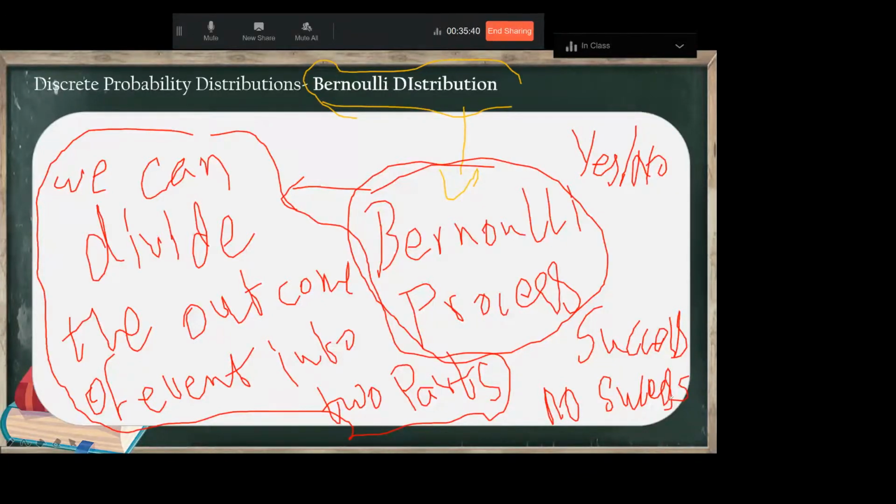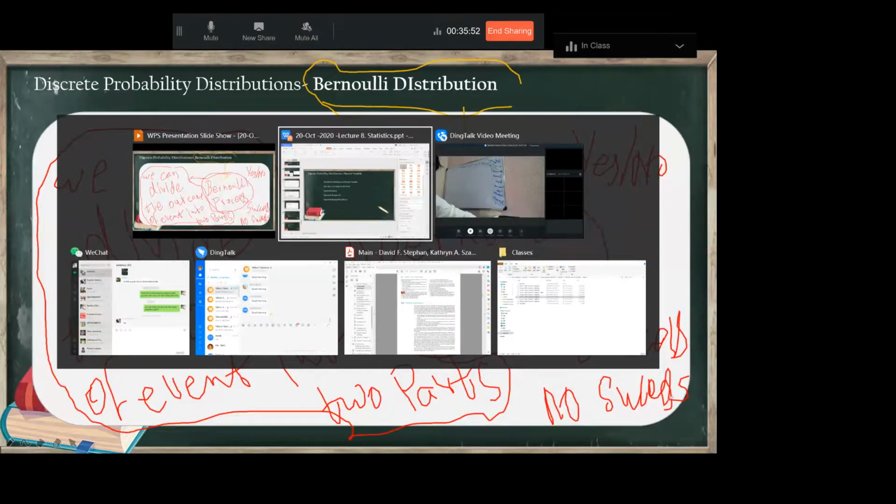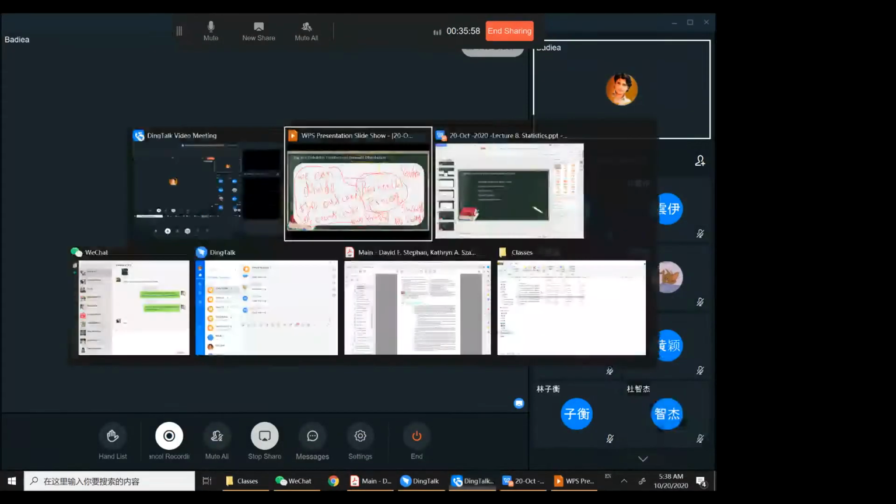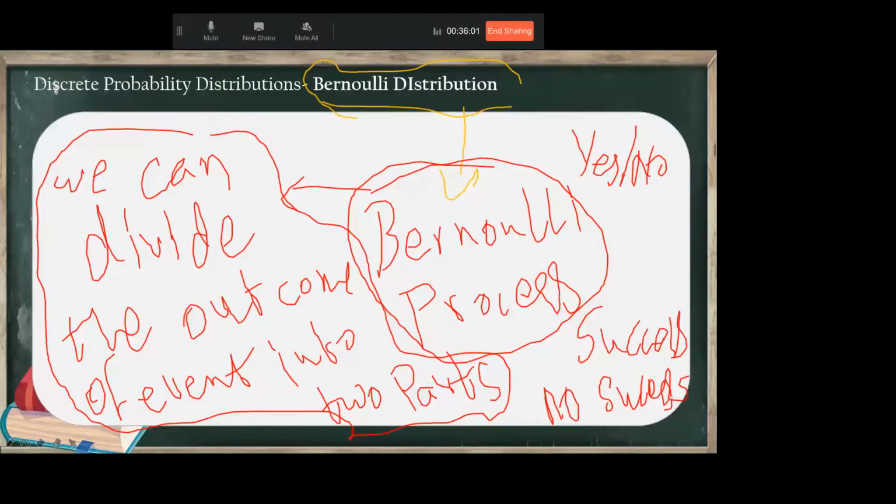Now, you tell me, does rolling a die come under the Bernoulli distribution or not? Yes or no?